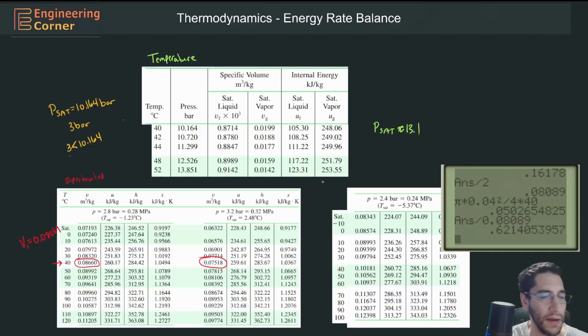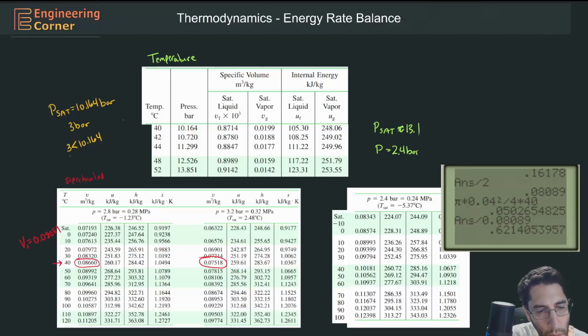It doesn't matter, I could take the average, but it's about 13. We know the pressure I'm looking at is 2.4 bar, which, regardless of the actual number, is less than it. So again, we're in the superheated table.